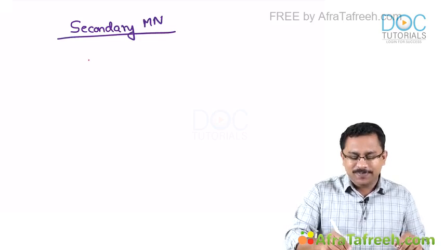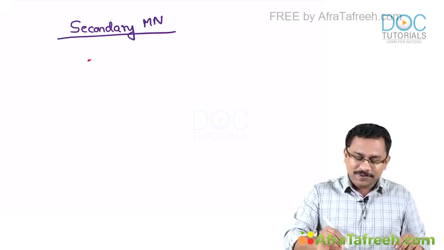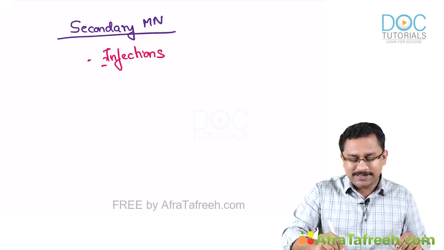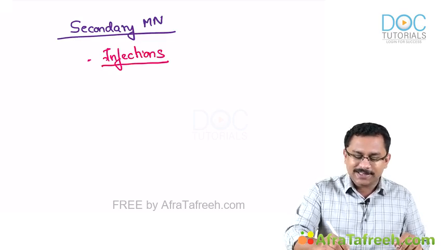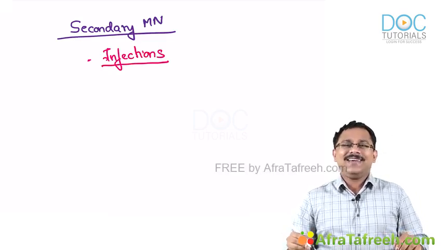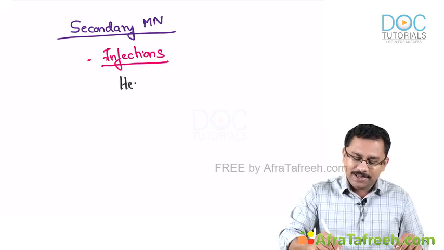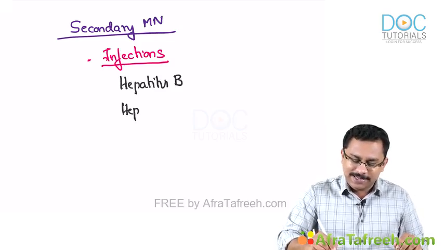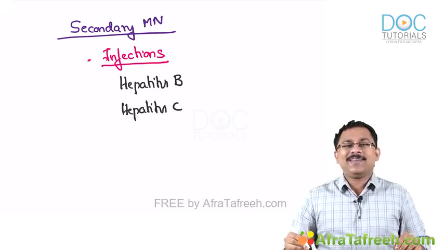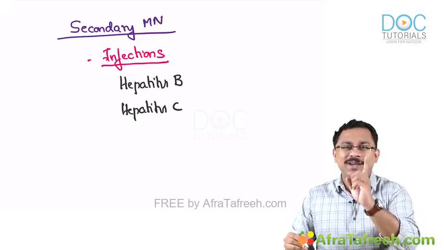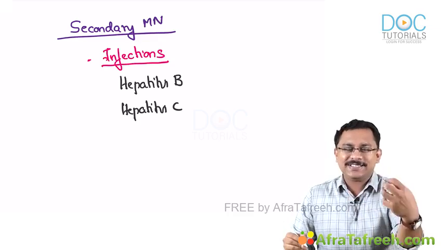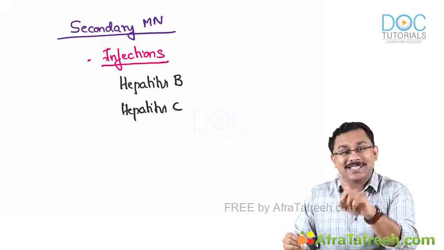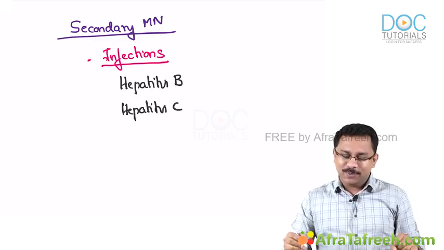First of all, it may be because of certain infections, and among the infections implicated in membranous nephropathy, you have hepatitis B, hepatitis C. Remember when I discussed regarding FSGS, I told you hepatitis B can cause FSGS. Here also hepatitis B can cause membranous nephropathy, but not just hepatitis B, hepatitis C also can produce.